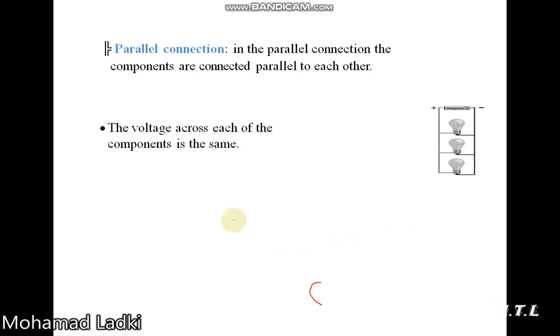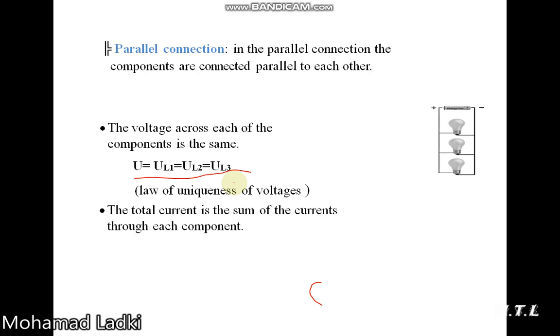The voltage across each of the components is the same, so the voltage across each lamp is equal to the voltage of the battery. U equals UL1 equals UL2 equals UL3, so they have the same voltage. So if the dry cell is, for example, 10 volts, each lamp will take 10 volts. This is the law of uniqueness of voltages in a parallel connection.